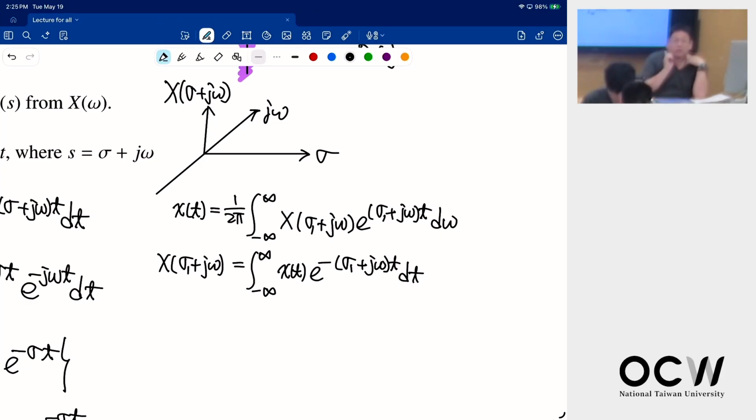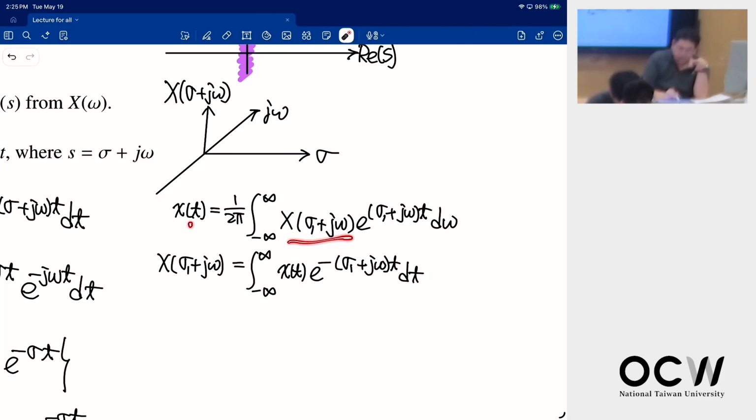Remember that in the Fourier transform, how do we get the coefficient? Your signal in the product with your basis. Because it's an inner product of functions, you have the conjugate. But in this case, is this the basis?